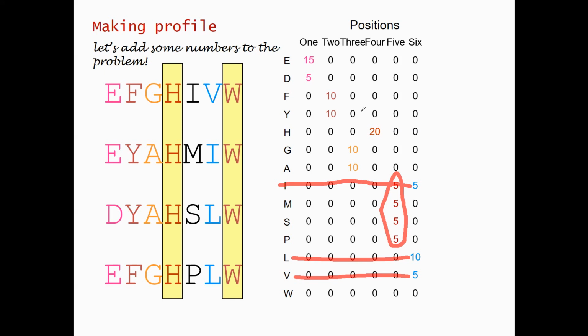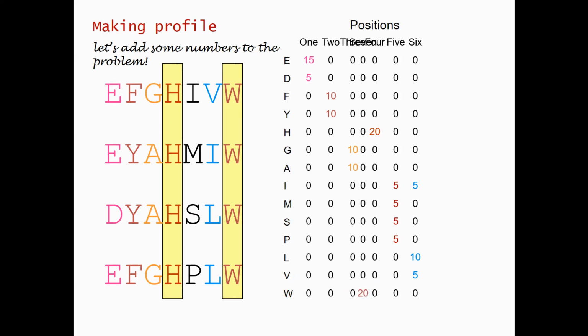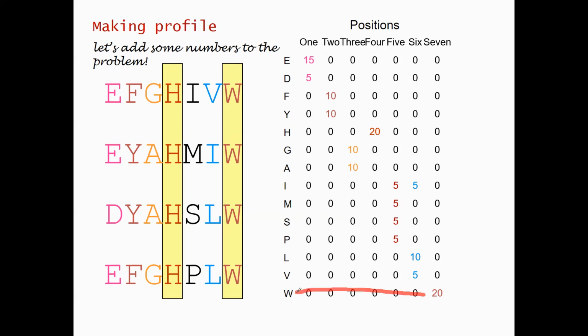This is how the score is divided at position 6. And position number 7, again 20 score to tryptophan W because tryptophan is conserved. So this is how we add scoring in a pattern.